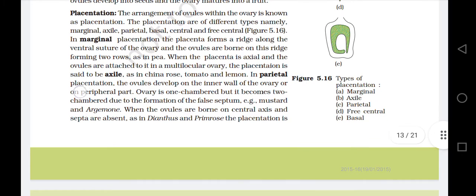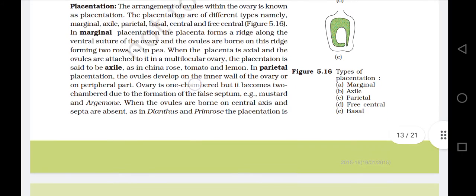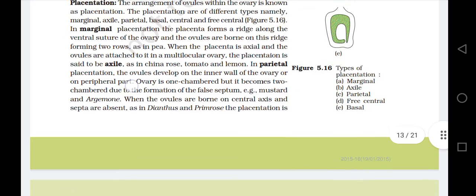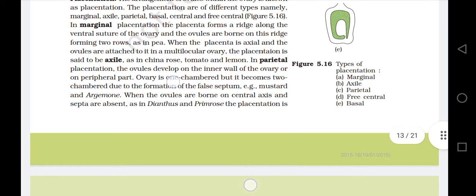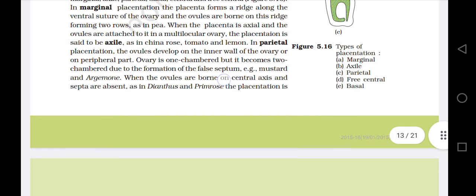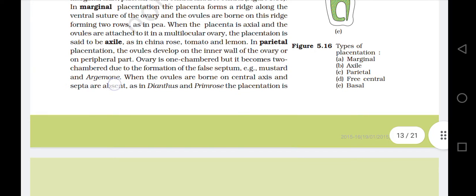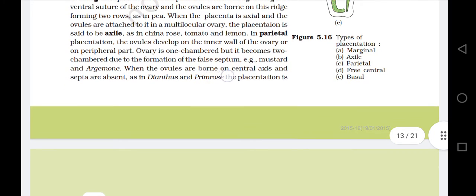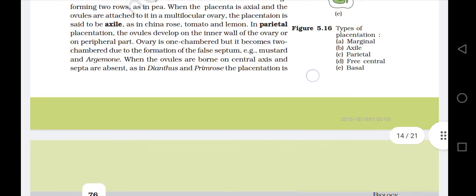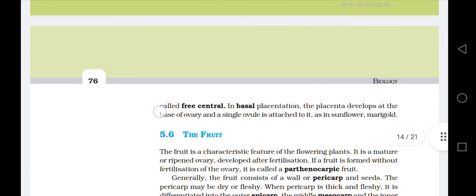In parietal placentation, the ovules develop on the inner wall of the ovary or on the peripheral part. Ovary is one-chambered, but it becomes two-chambered due to the formation of the false septum. Example, mustard and argemone. When the ovules are borne on a central axis and septa are absent, as in dianthus and primrose, the placentation is called free central.